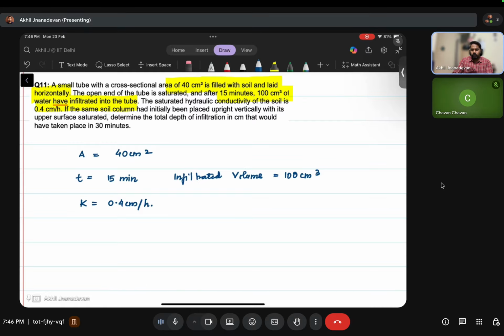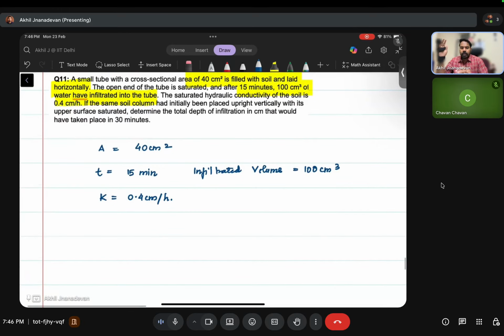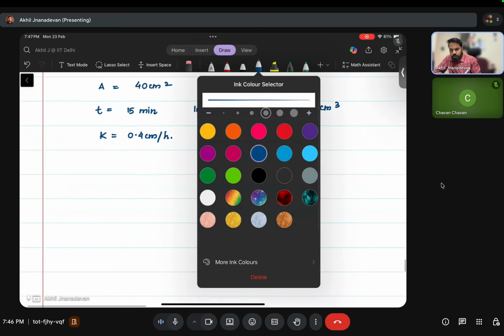after 30 minutes. So basically, if we have seen the lectures, one of the advantages of the Phillips equation was that we can apply it to horizontal columns also. The other equations we were applying to vertical columns. The Phillips equation we already saw in the previous questions.